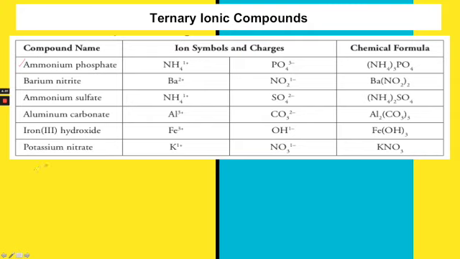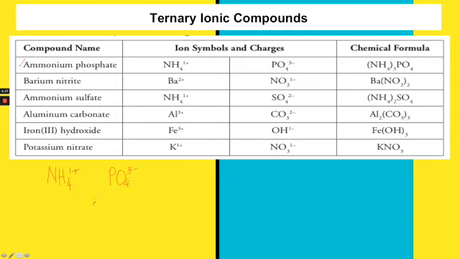Begin with ammonium phosphate. So, we are going to identify the cation. That is NH4, 1 positive. And then PO4, that's the polyatomic ion, phosphate. PO4, 3 negative.